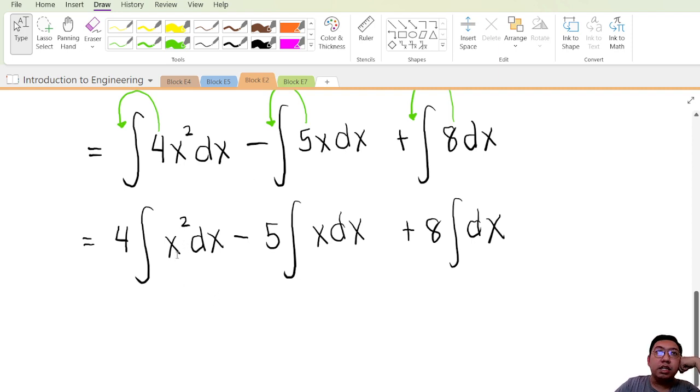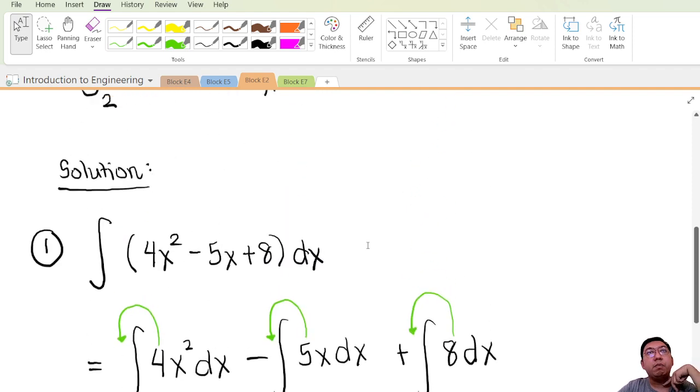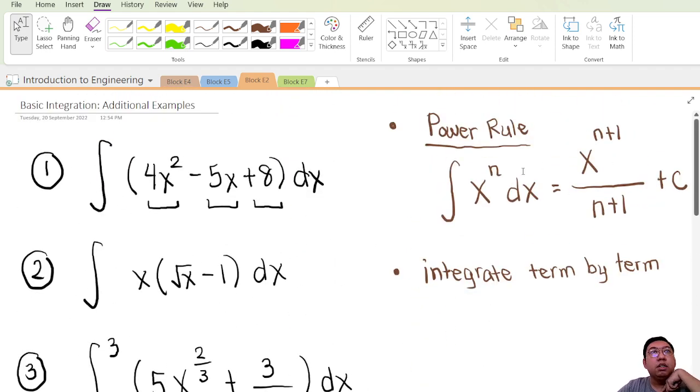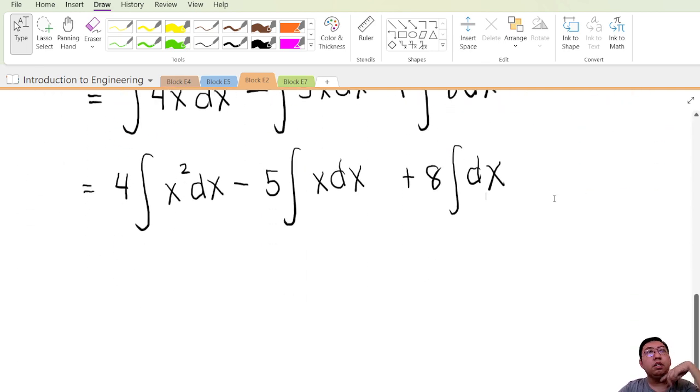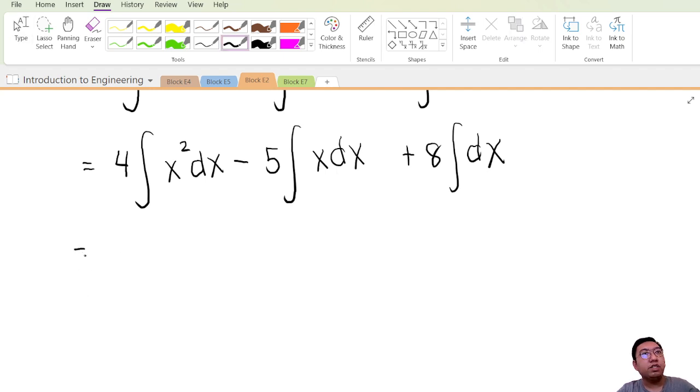Now, since the integrand contains the variable to be integrated and the power, we can easily apply the power rule to each of the terms. So remember, for the power rule, you just add 1 to the exponent, divide the variable by the exponent plus 1, and then plus c. Let's do that for the first term.